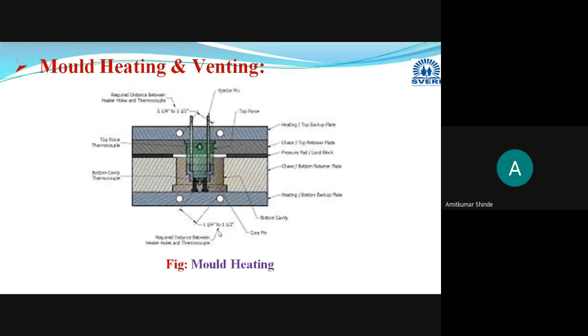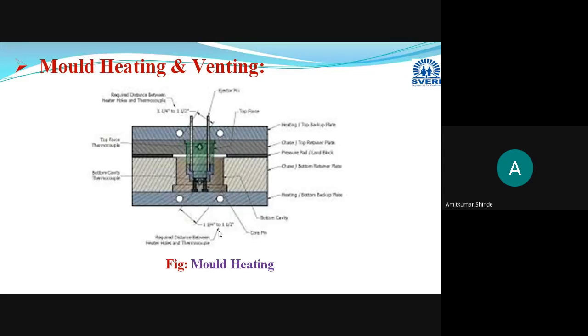So you have to take this point into consideration: with the help of oil and steam medium, maintaining a uniform temperature throughout the mold is easy as compared to electrical cartridge heating, where it is very difficult to maintain uniform temperature throughout the mold. It may be in the upper half of the mold, it may be in the lower half of the mold. It is a little bit difficult to maintain that uniform temperature.